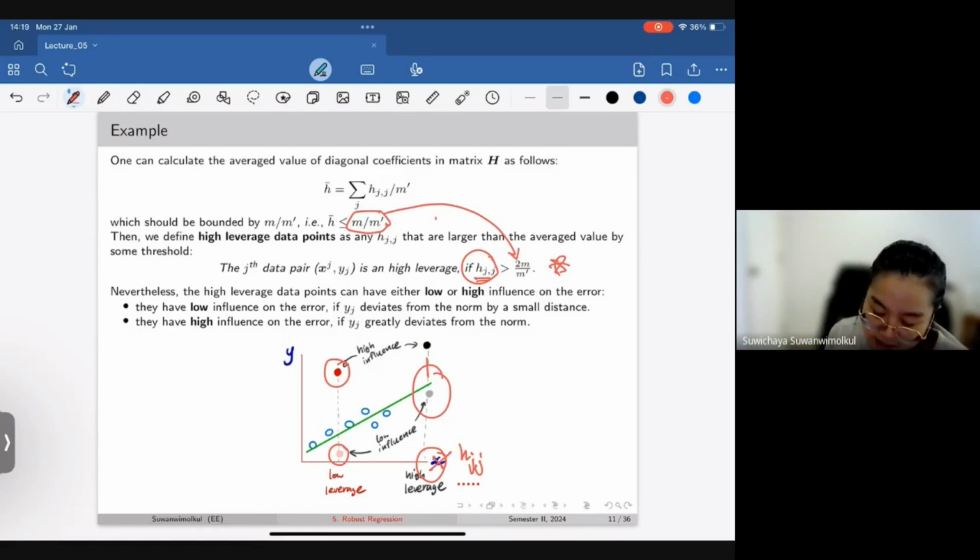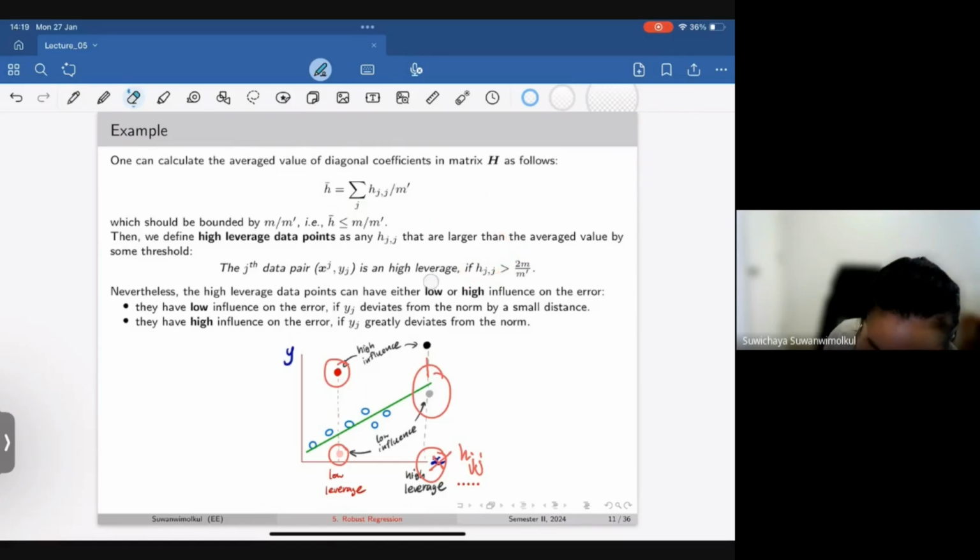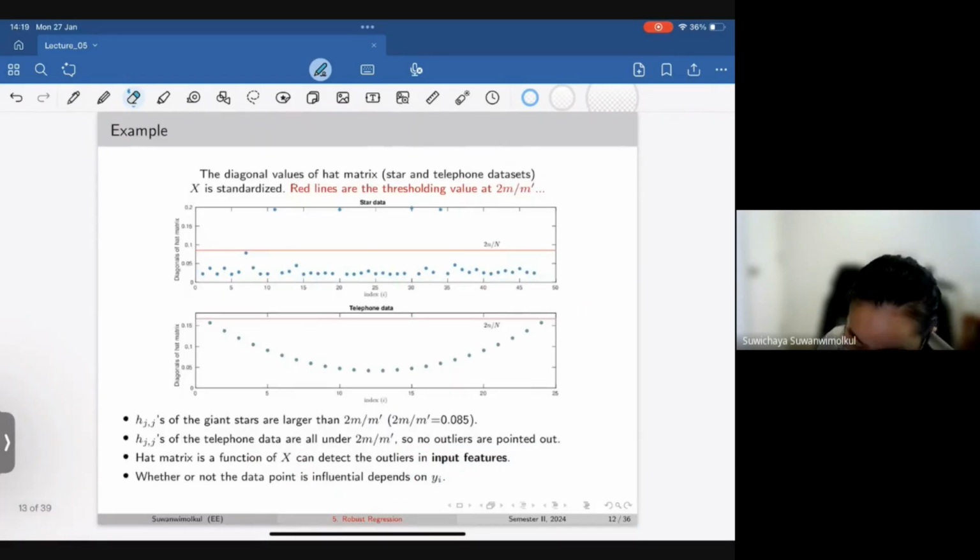But at least the H matrix will help you identify the input feature samples that are definitely inaccurate. So that's all about the H matrix or hat matrix. Here's an example of how you may use it, and one of your exercises will be checking this as well. I would like to say that there's a typo in it.